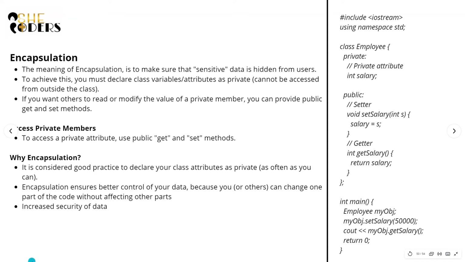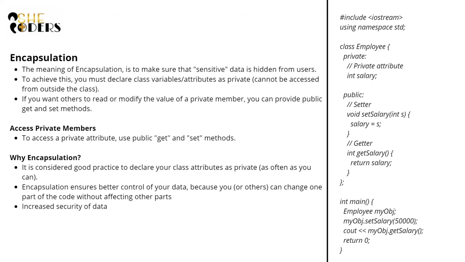So what is the use of encapsulation? Why should we do it? It is considered good practice to declare your class attributes as private, because the basic concept of a class is that we want to hide the important things and keep a few things private to us. We are encapsulating inside a class; the class here is the capsule, and inside it are the data members.